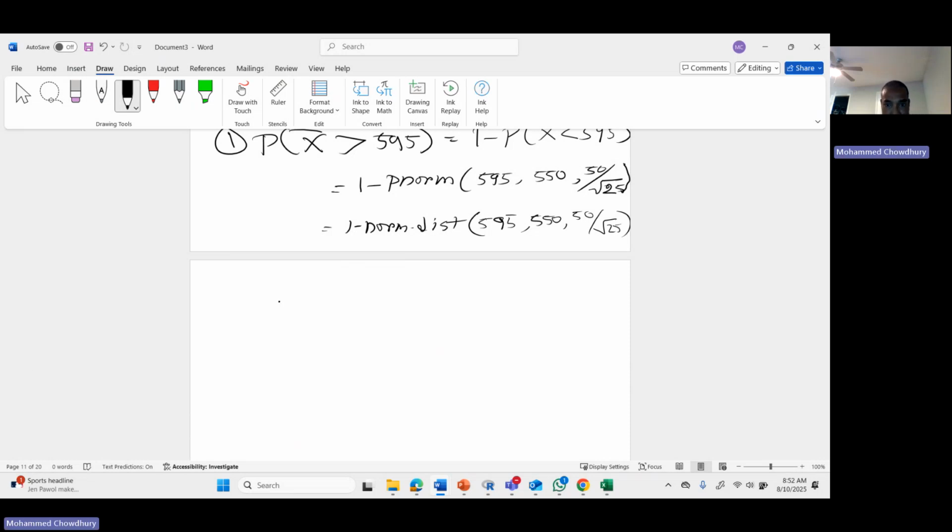So this is by Excel and this is by using R code.